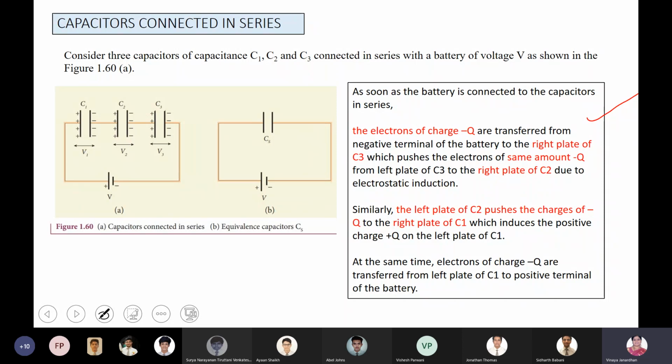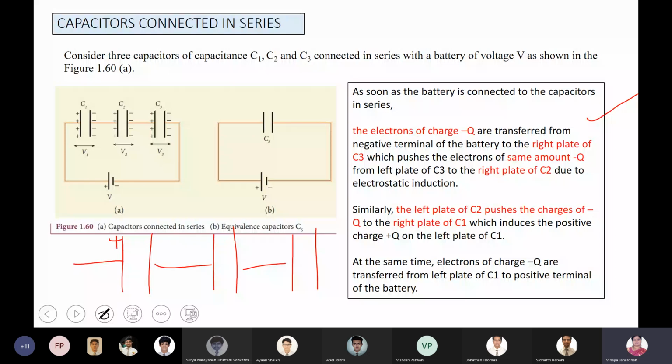This is C1, C2 and C3. So in that case, you'll have C1, C2, C3. This is plus Q, minus Q, same on both plates of all three capacitors.